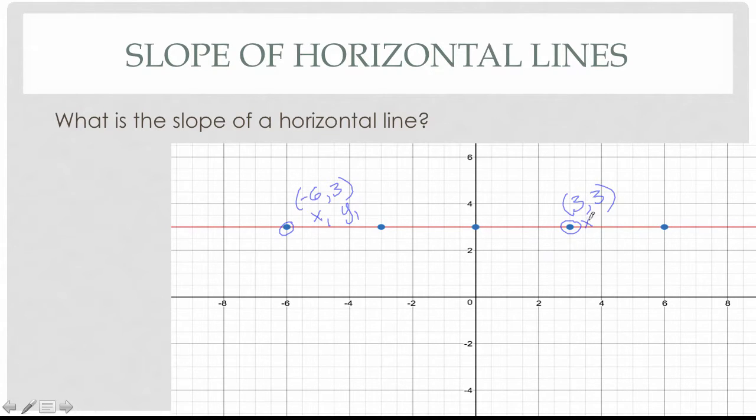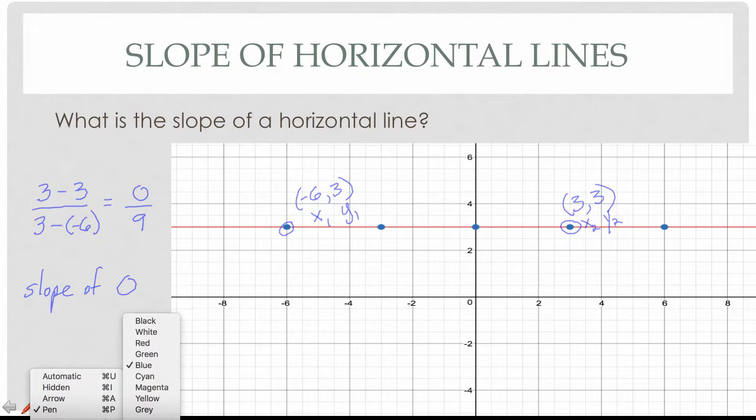There's my x2 and y2. And so now let's use our slope formula. I subtract my y values, find the difference there, and at the same time, I subtract my x values. And I get 0/9. What does that mean? 0/9 reduces down to 0, so I have a slope of 0.